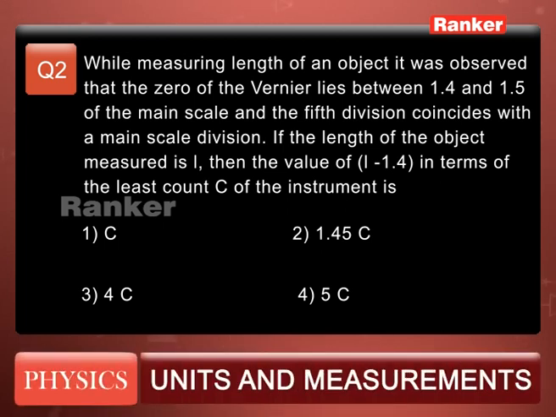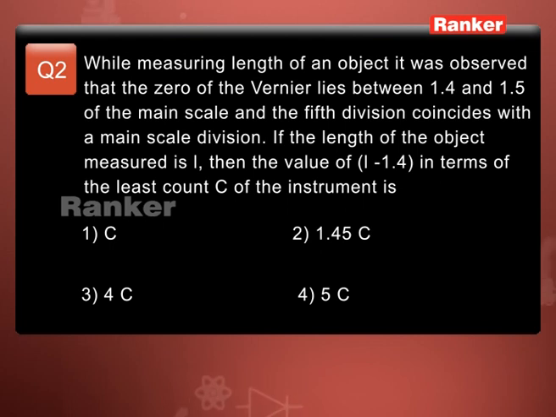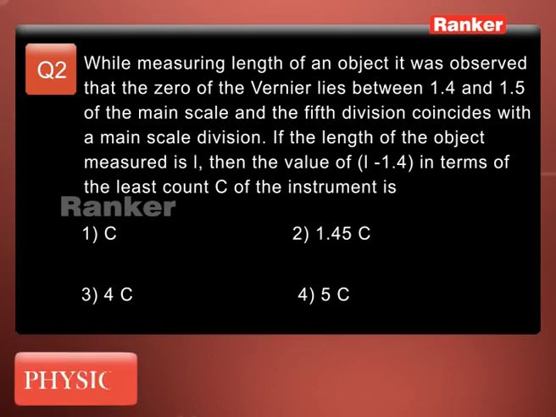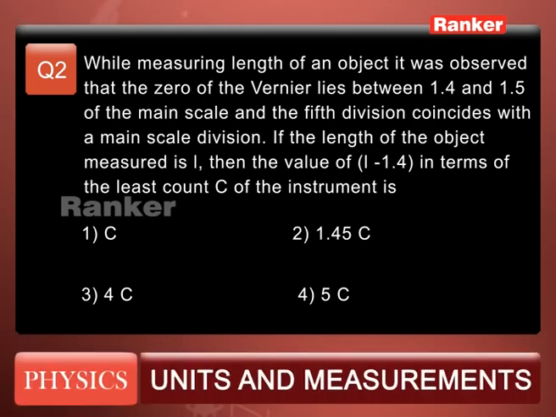If the length of the object measured is L, then the value of L minus 1.4 in terms of the least count C of the instrument. And our options are, first option C, second option 1.45 C, third option 4 C, and the fourth option is 5 C.